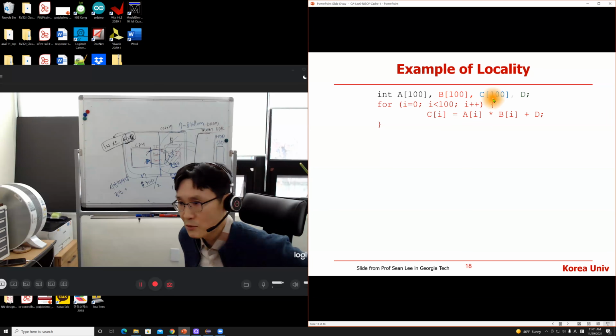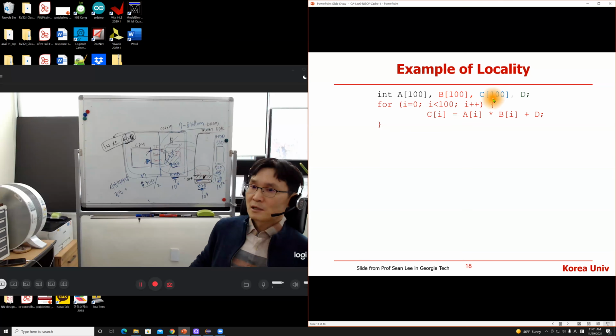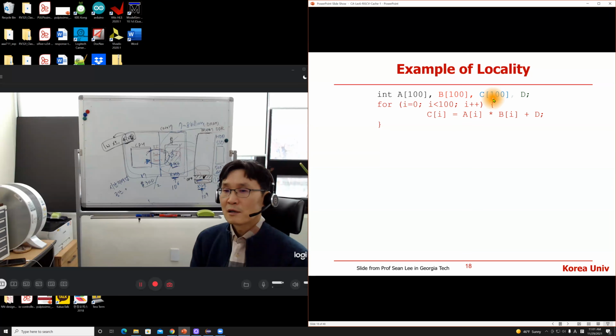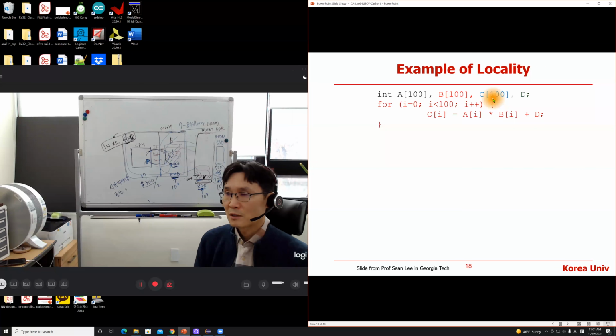So can you tell me which variable is showing temporal locality, and which one is showing spatial locality? Temporal locality first.